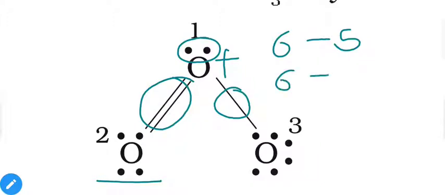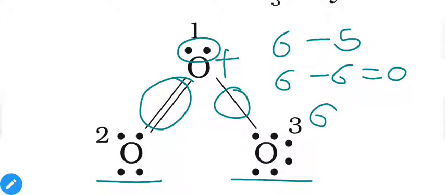That means 6 minus 6, it carries a neutral charge. Nothing is gained, nothing is lost. Our third oxygen initially has 6 valence electrons in the free state, and now it gains 1 extra electron. That means in the molecular state it has a total of 7 electrons. So now it will be negatively charged. So the charge on the third oxygen will be negative. The second will be neutral.